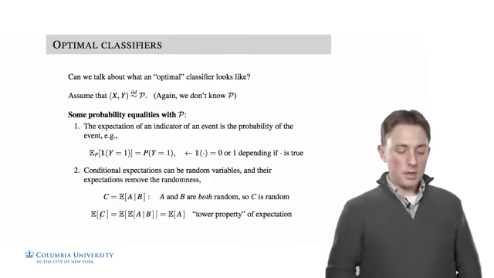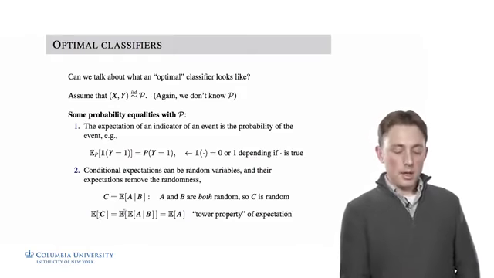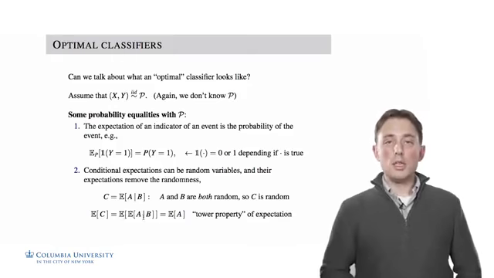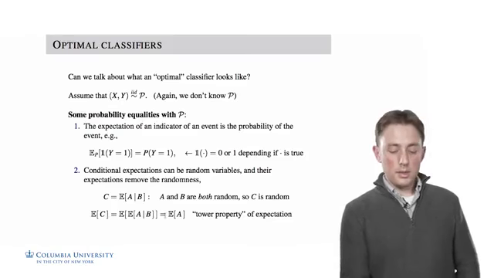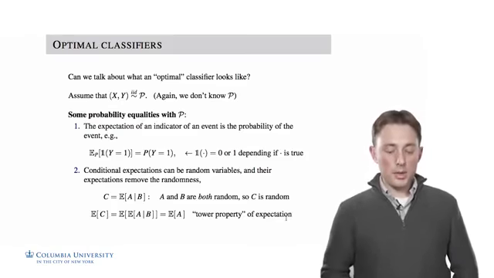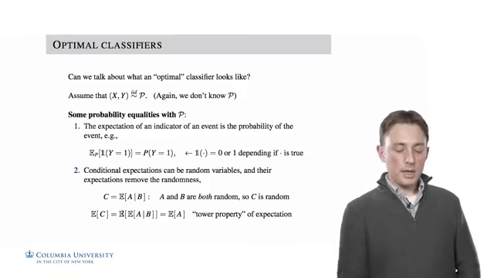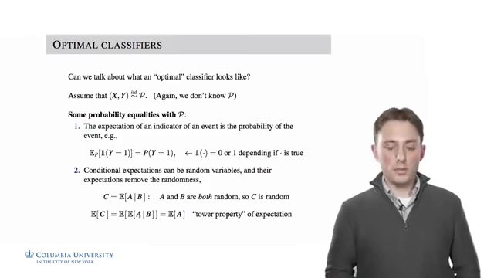So the expectation of C, where this is integrating over B, is equal to the expectation of the conditional expectation of A given B. That's simply equal to the expectation of A, where B now has been integrated out. So this is a very important property of conditional expectation called the Tower property. Expectations of conditional expectations remove the conditioning, essentially.